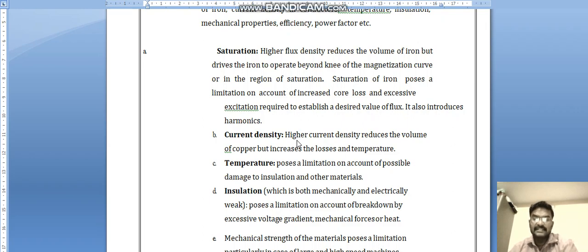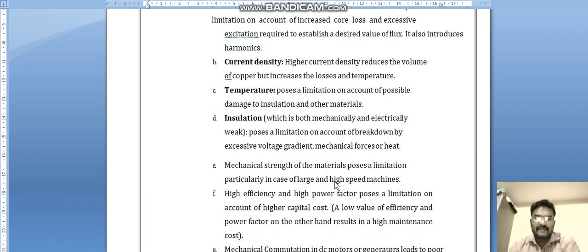It should be mechanically strong, and it should not transfer heat from the stator to the rotor, or from one place of the rotor to another. It should withstand the heat, the mechanical forces, and the electrical fields. Mechanical strength of the material imposes limitations, particularly in the case of large and high speed machines.